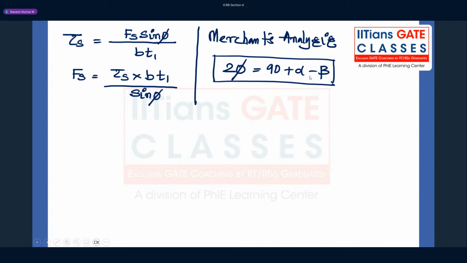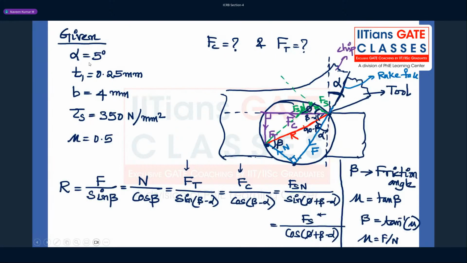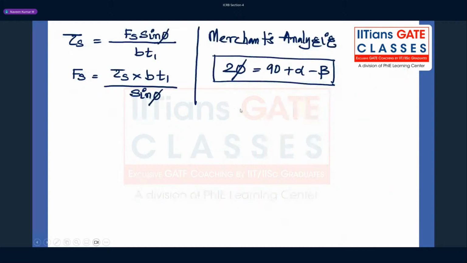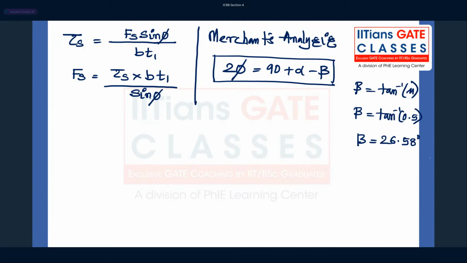So we have to find phi. We have alpha and beta, and from this we can find phi. Alpha is already given, that is 5 degrees. Beta is tan inverse mu. Mu is given as 0.5, so let's find beta first. Beta is equal to tan inverse 0.5, right? I got some 26.58 degrees.